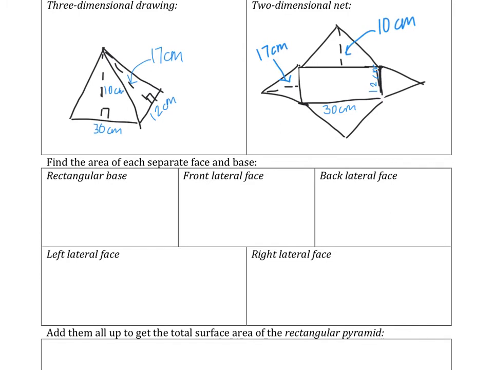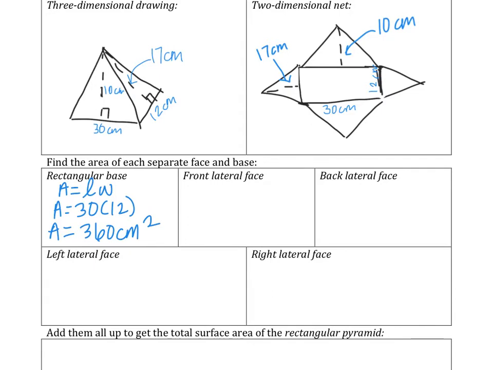So area equals length times width, and that's area equals 30 times 12. Area equals 360 centimeters squared. And that's for just the rectangular base.